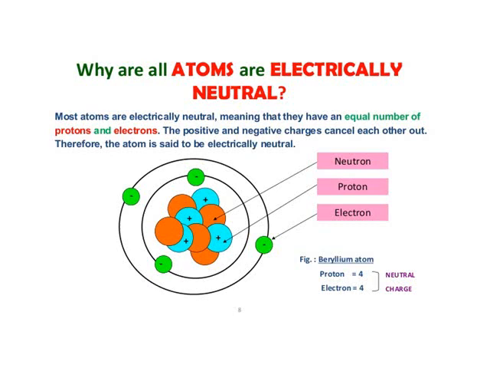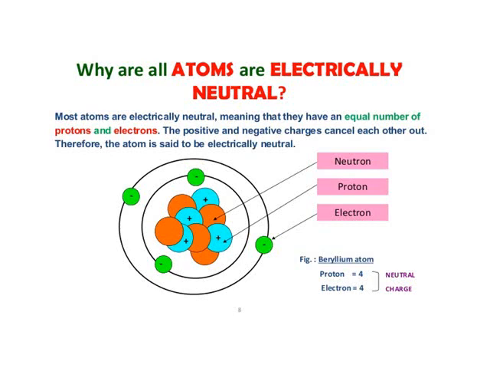Therefore, the atom is said to be electrically neutral. Look into this diagram. It is the representation of the beryllium atom. This beryllium atom has the nucleus inside, where you have the nucleons. What are the nucleons? The positively charged protons and the neutral neutrons.